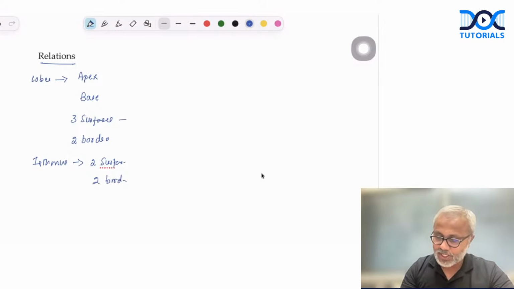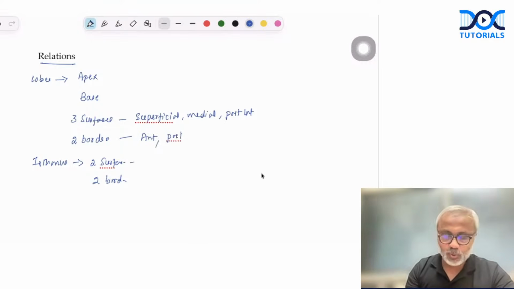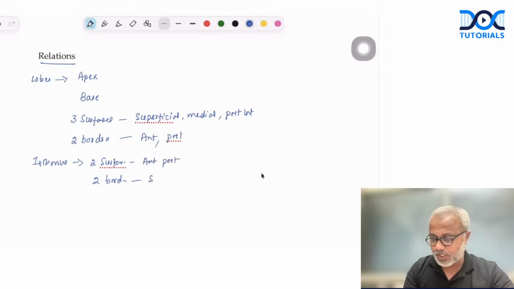So what are the 3 surfaces? The 3 surfaces of the lobe are superficial, then we have medial, and then we have posterolateral. 2 borders include anterior and posterior. In case of the isthmus, we have 2 surfaces. The 2 surfaces include anterior and posterior. 2 borders include superior and inferior.